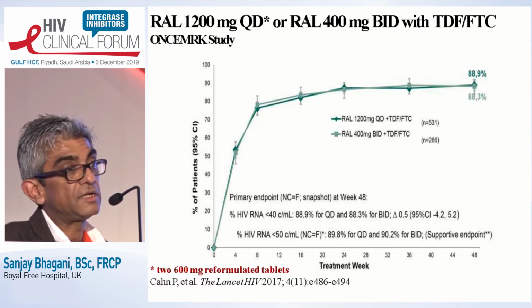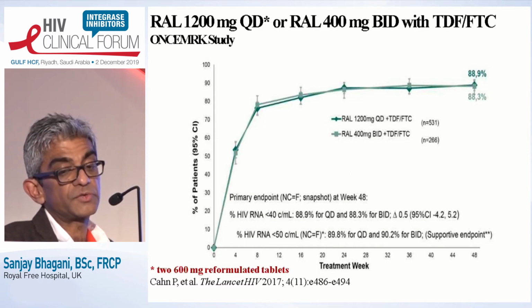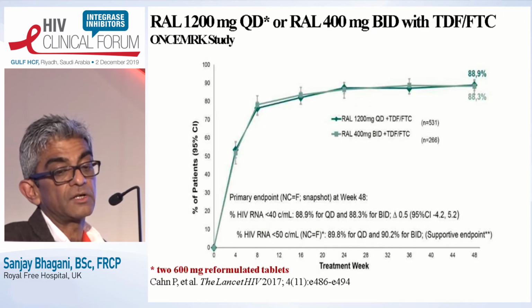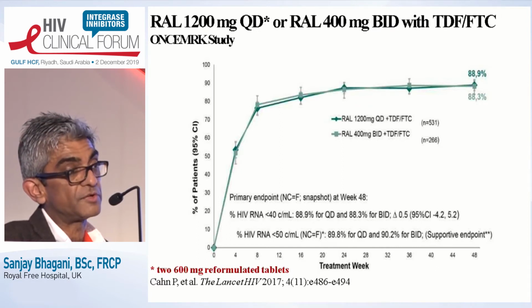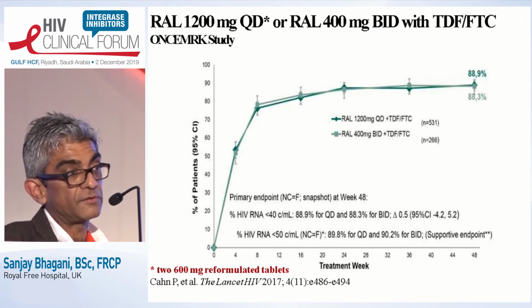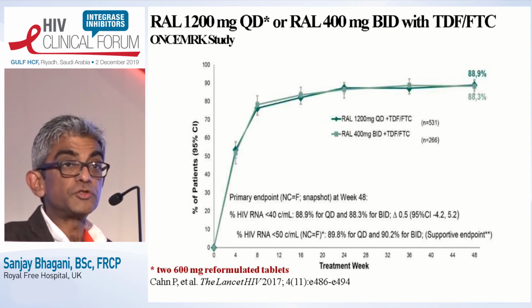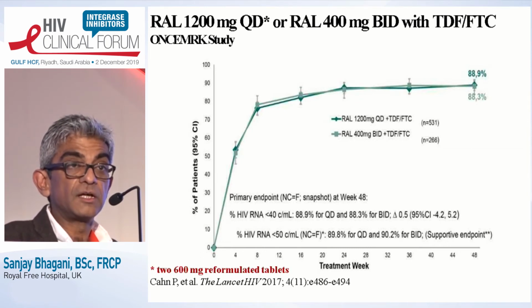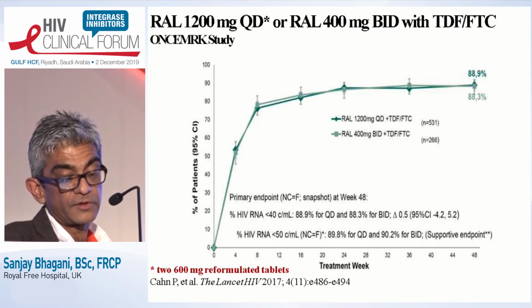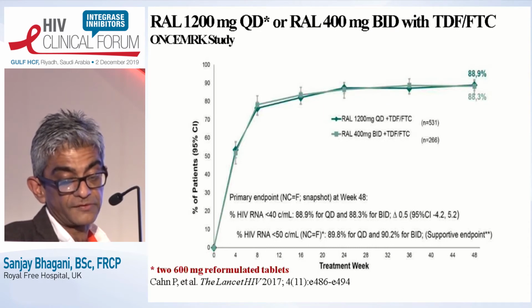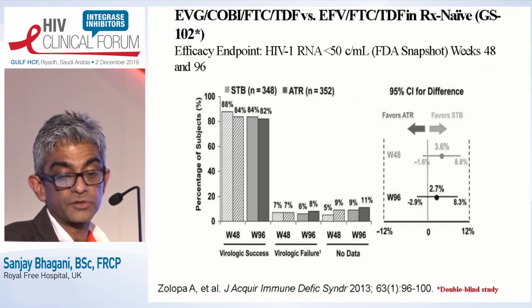And as you can see, there is no difference between 400 milligrams BD of raltegravir compared to 1,200 milligrams once daily of raltegravir, suggesting that you can dose this once a day at 1,200 milligrams, so 600 milligram tablets, in treatment-naive patients.